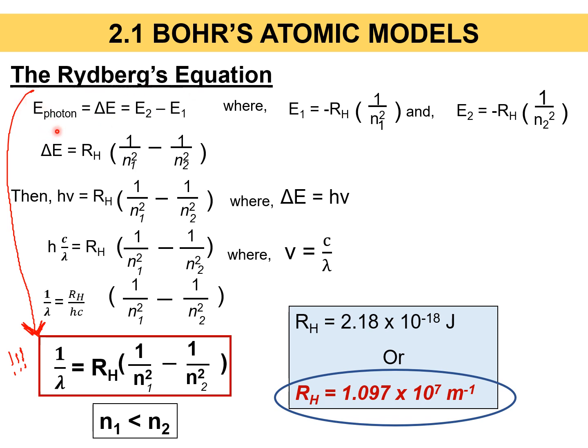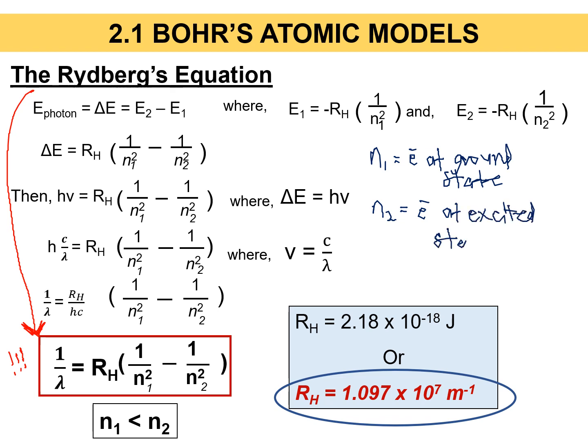Basically, bila you cari perbezaan photon energy in two different energy levels, and you just masukkan sahaja delta E equals to h nu, nu equals to c over lambda, and from the simplification of these mathematical expressions, makanya terhasillah Rydberg equation. And you should know n1 adalah electron at ground state and n2 pula adalah electron at excited state.